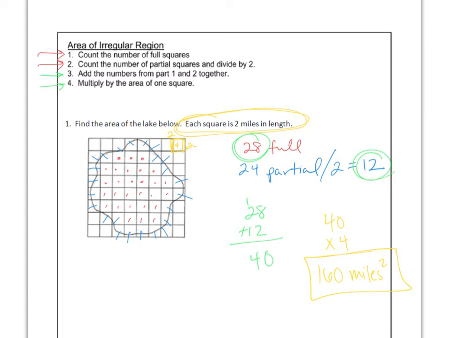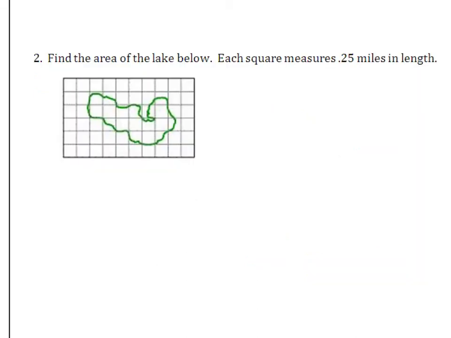I did look up, by the way, the area of Lake Mille Lacs. It is 207. Mille Lacs is 207 square miles. So this lake is smaller than Lake Mille Lacs, but still a pretty big lake to be 160 square miles. All right, well, you guys try this one. Pause the video, count the number of full squares, count the number of partial squares, and then we'll compare our numbers.